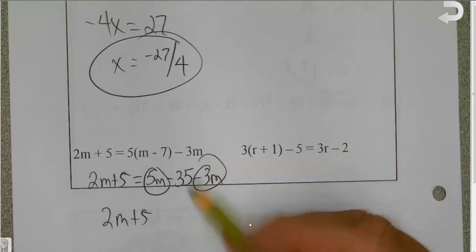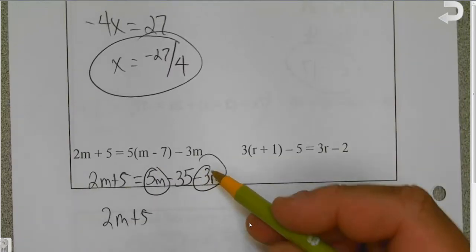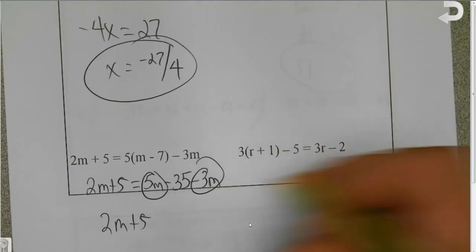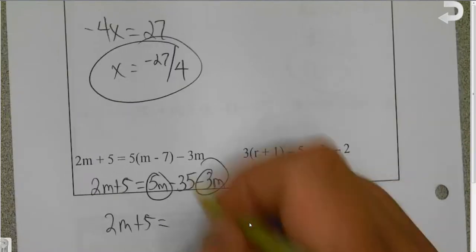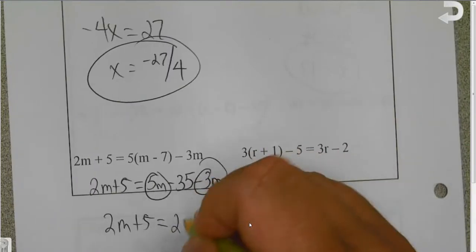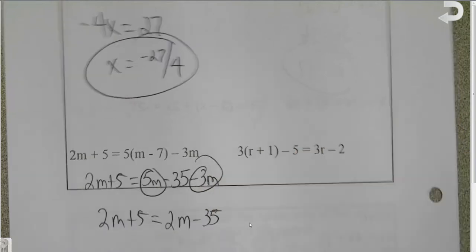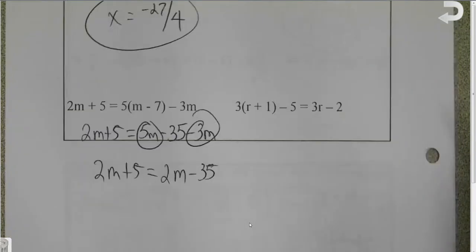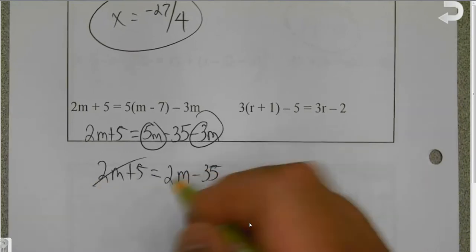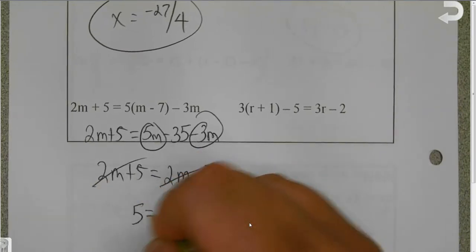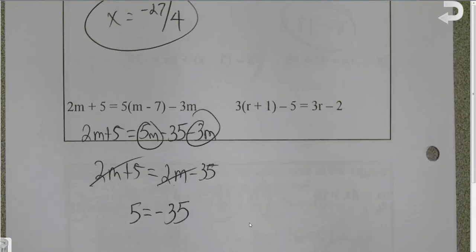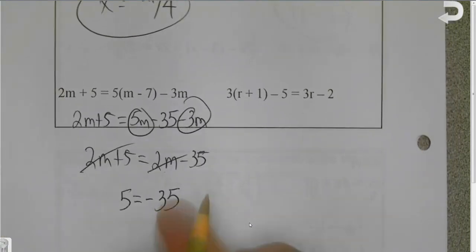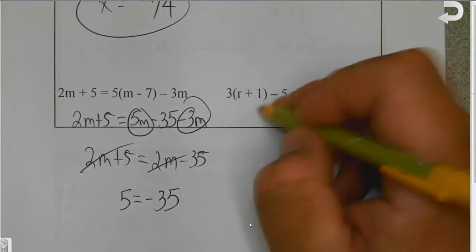And then over here, the 5m and the negative 3m cancel out. And so what happens is I get a 2m minus 35. Well, when I go to move the m's, these are going to cancel out, and I finish up with 5 is equal to negative 35. We'll talk about that in a second. Let's look at this one.